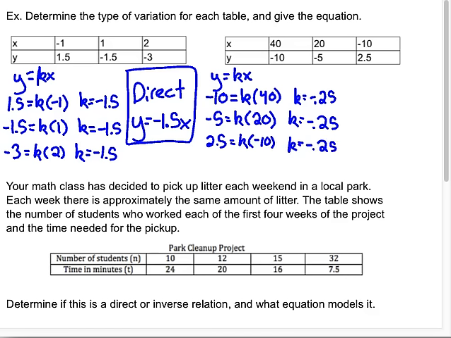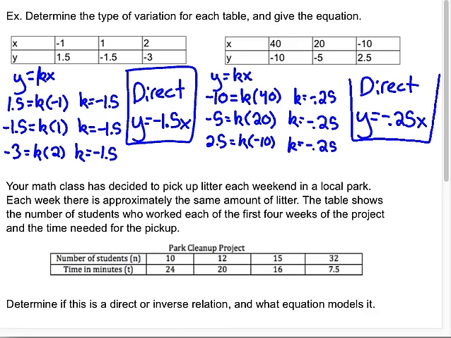So this one worked again as direct. Okay, so what this means, I got a consistent k value for every one of those. So that means my equation is when I plug that negative 0.25 back in for k.